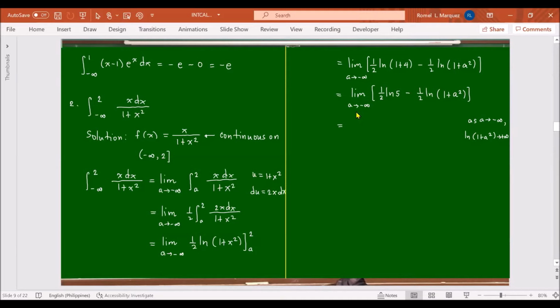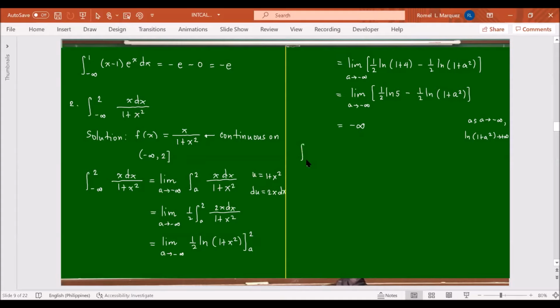Therefore, this is going to be negative infinity. So 1/2 ln 5 minus a very big number is equal to a very big negative number. So we have negative infinity. So this means that this integral is a divergent integral.